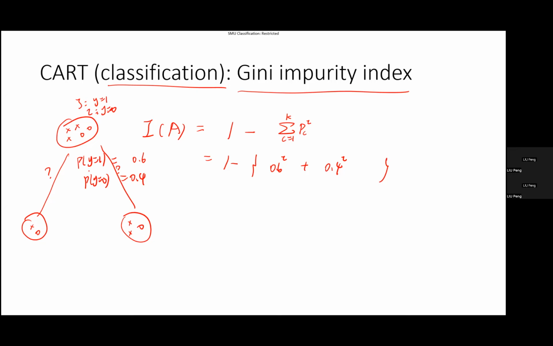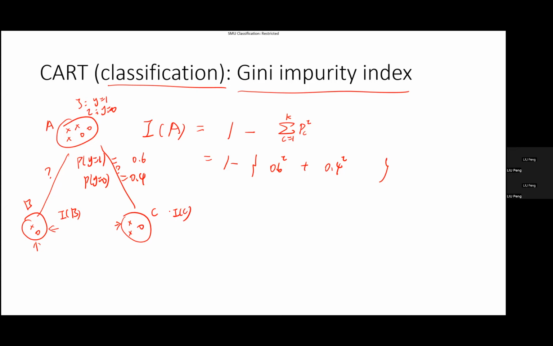This splitting point gives us this specific result, and for example this is B, this is C, this is A. We can calculate the impurity for node B and for node C.